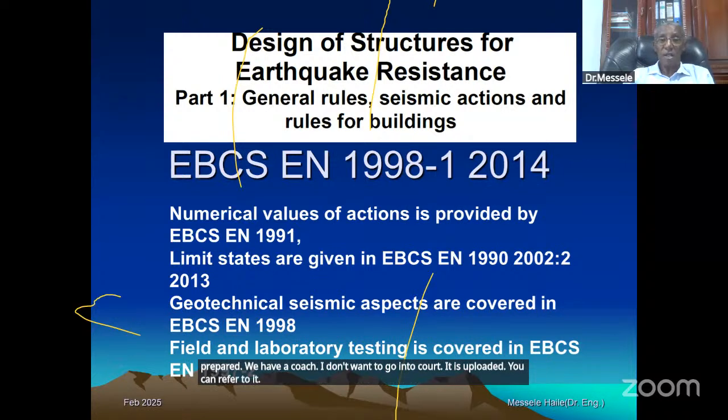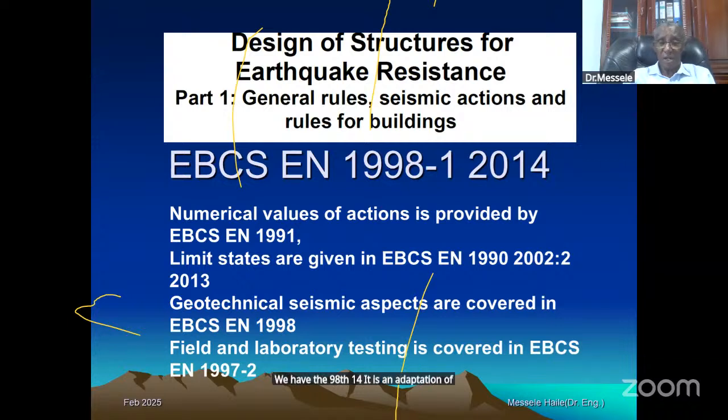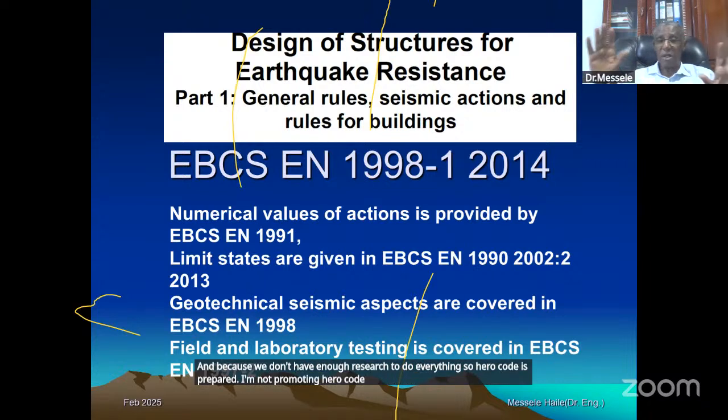We have the 9814. It is an adaptation of Eurocode. In Ethiopia, we are adapting Eurocode, because we don't have enough research to do everything, so Eurocode is prepared. I'm not promoting Eurocode. It's our rationale for how we chose that.